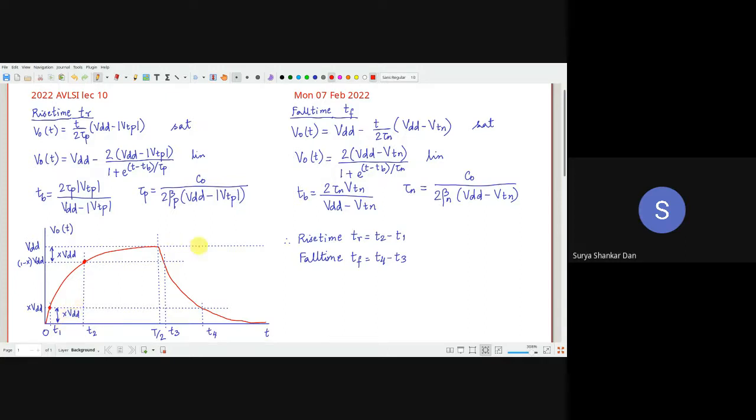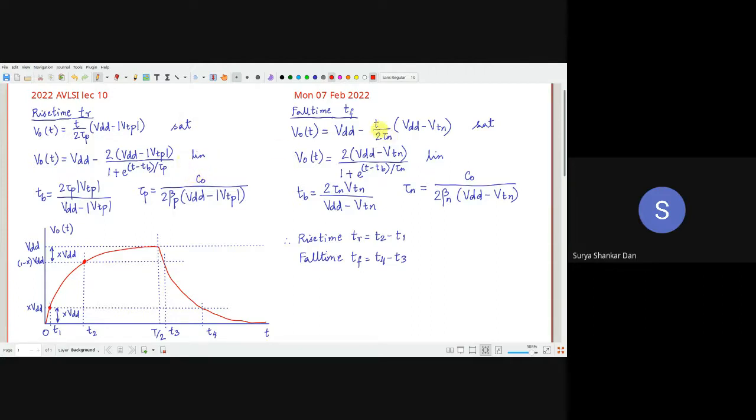Then comes the next part, which is the fall time. If you notice, the set of equations written under this column of rise time all relate to tau P and VTP. That means we are referring to the PMOSFET over here, because the PMOSFET is the reason why the output capacitance is getting charged.